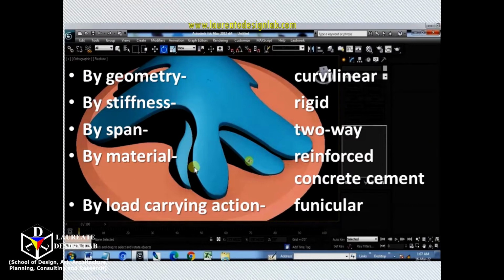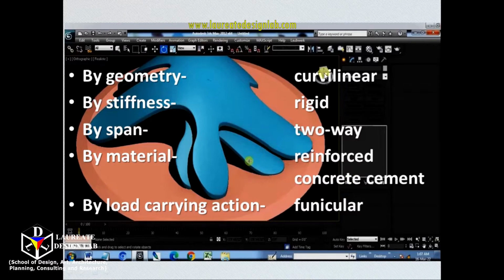By material, we are using reinforced cement concrete, RCC. By load carrying action, typology is funicular. So this structure, which is developed in 3ds Max, can be classified based on these 5 parameters into curvilinear, rigid, two-way, reinforced cement concrete and funicular.